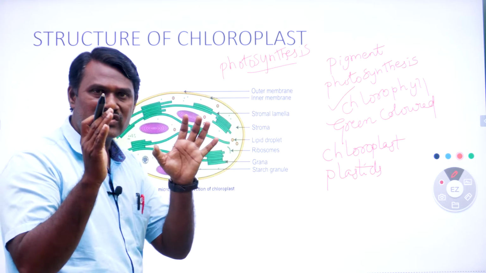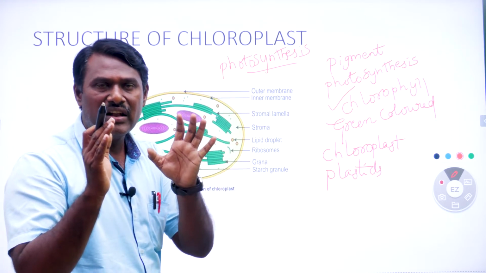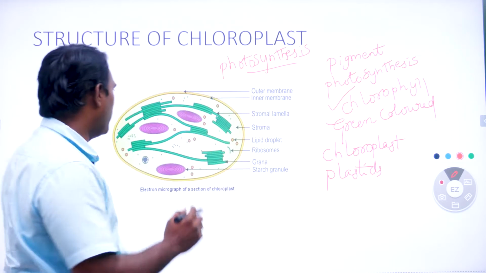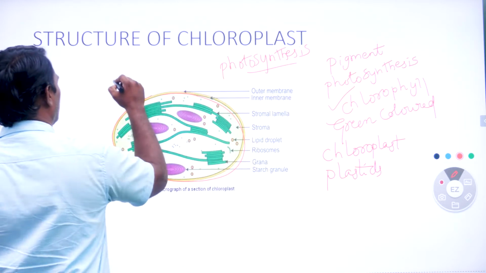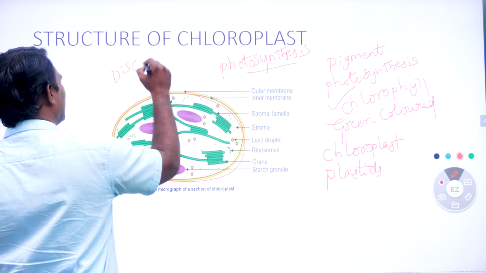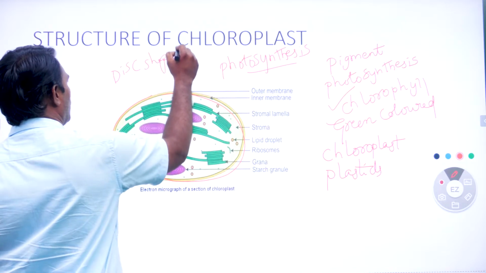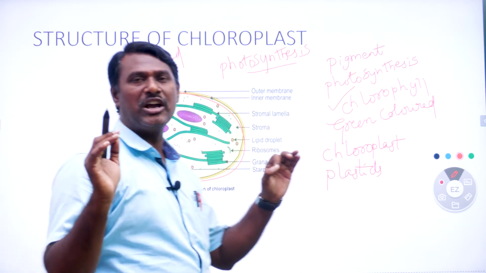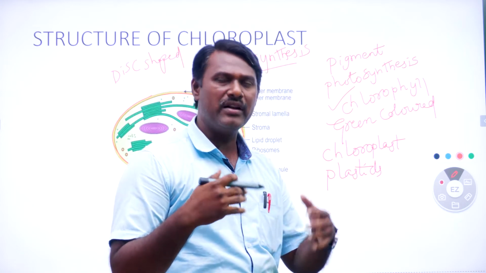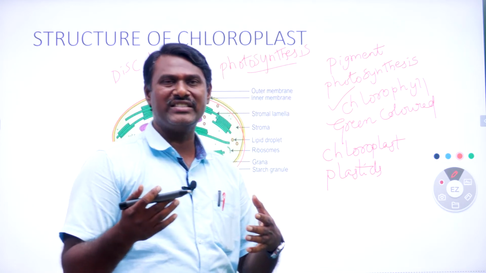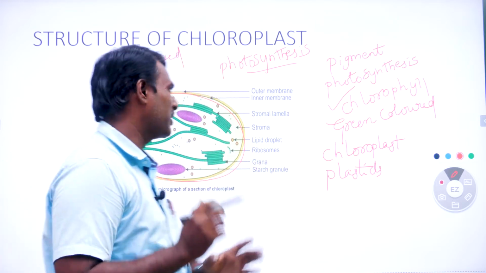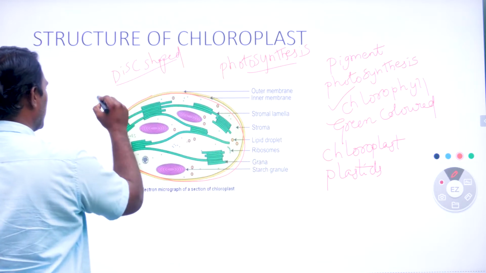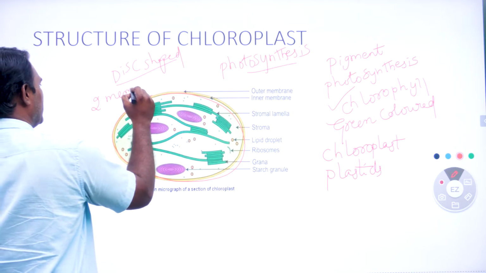So when we observe the structure of chloroplast under the light microscope or compound microscope, we can see chloroplast is a disc shaped structure. Chloroplast is a disc shaped structure. Okay, and in some plants we can see chloroplast is round or oval or spherical. Okay, that is the shape of the chloroplast. So a disc shaped structure with two membranes.